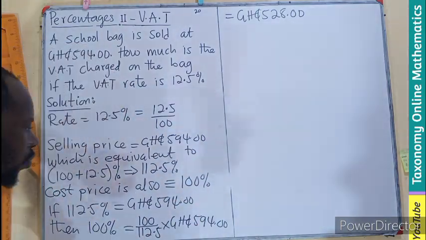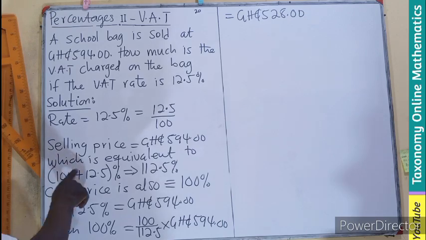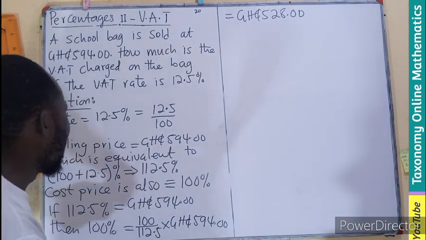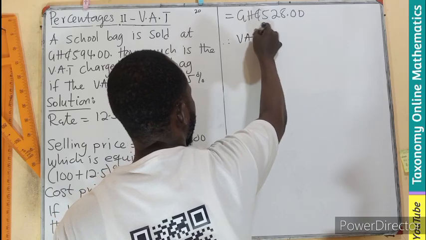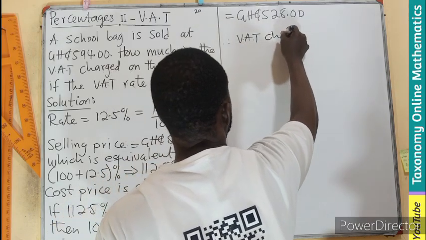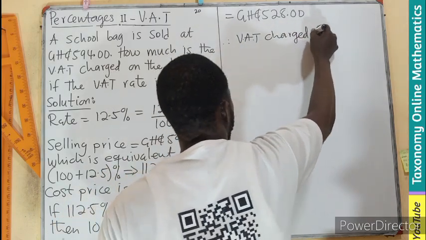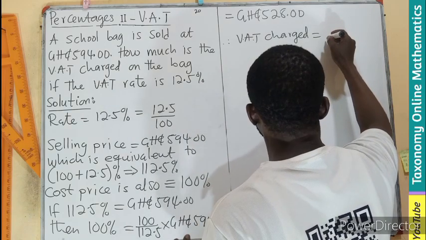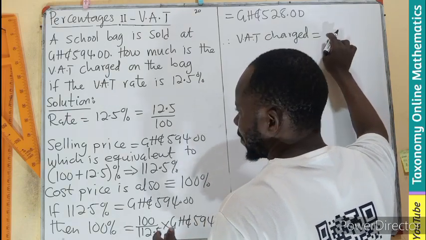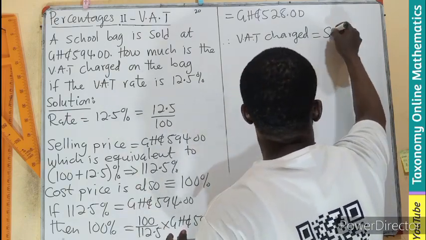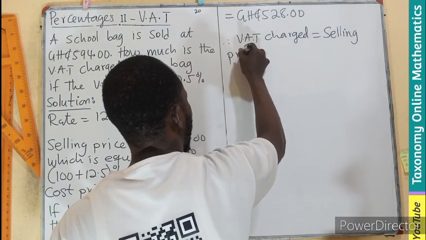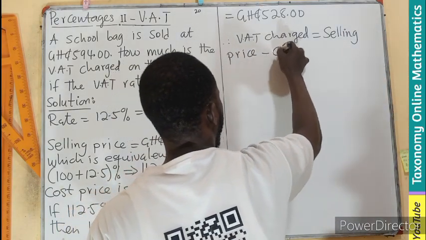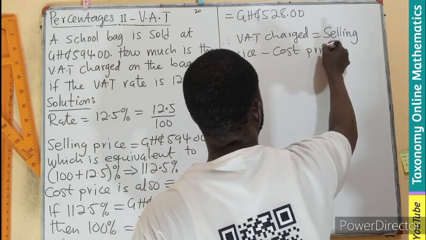So if I know VAT exclusive, and I know VAT inclusive, which is the selling price, I can say that therefore the VAT component or the VAT charge is going to be the VAT inclusive, which is the selling price of the article, minus the cost price, right?